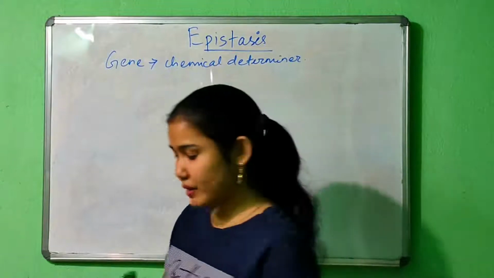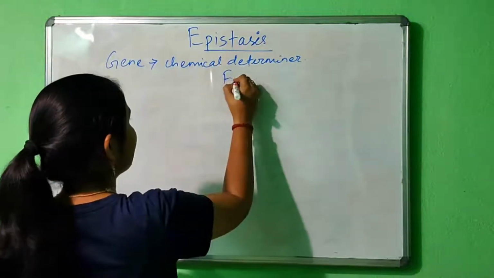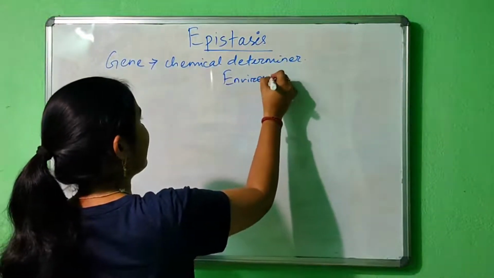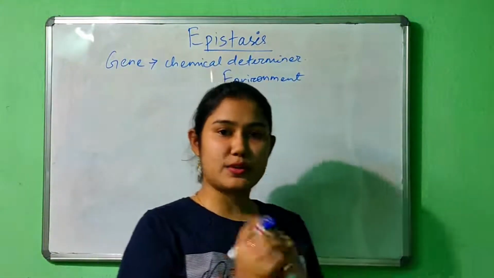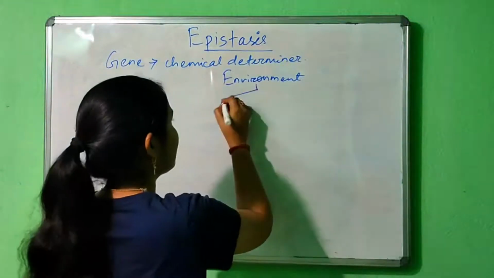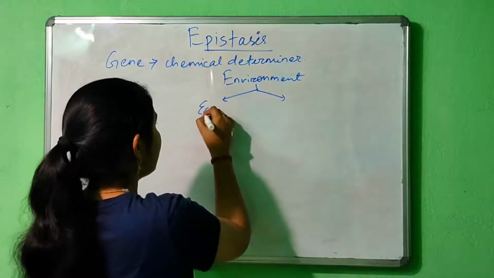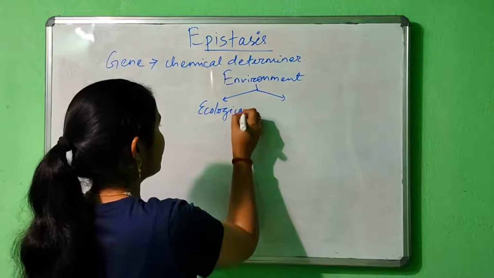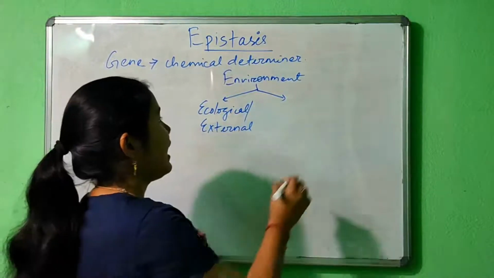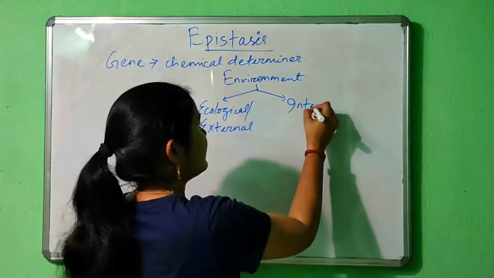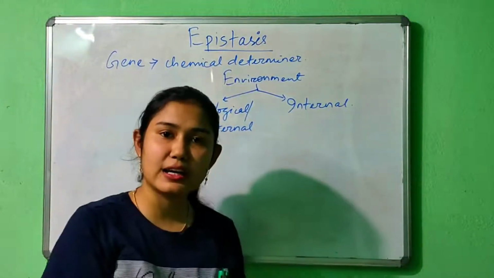Right? So when we say the environment, it refers to two types of environment. What are they? One is the ecological, or what we say, the external environment. And another one is the internal environment. Clear?